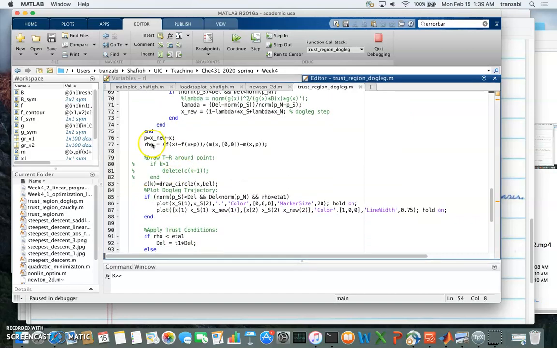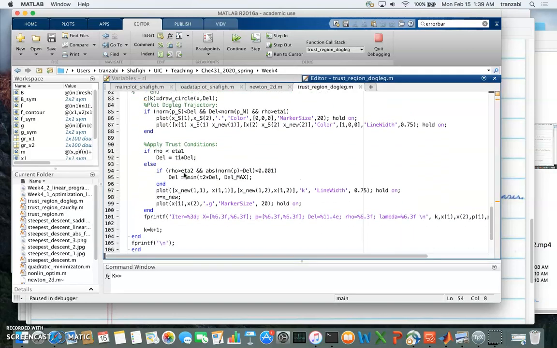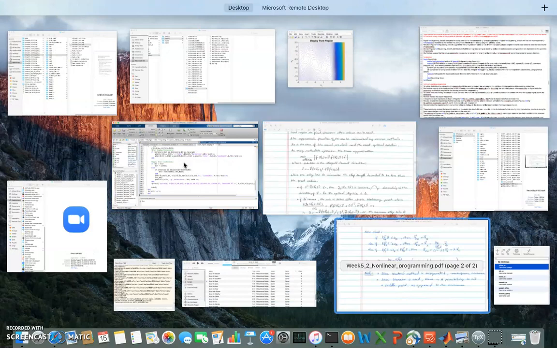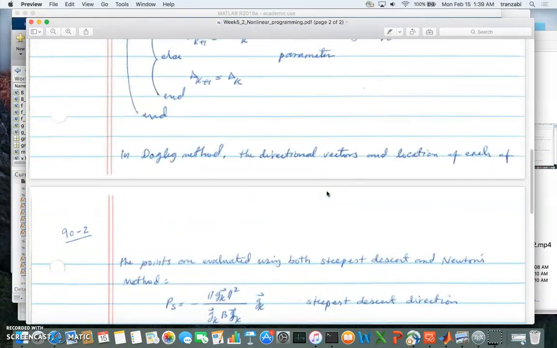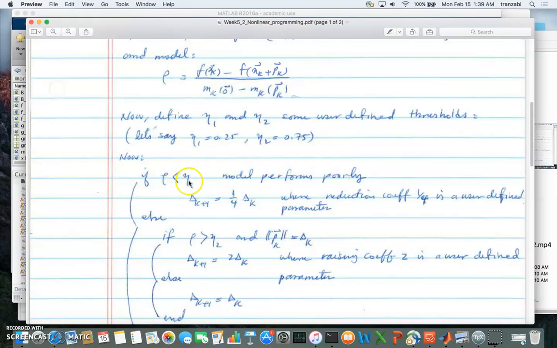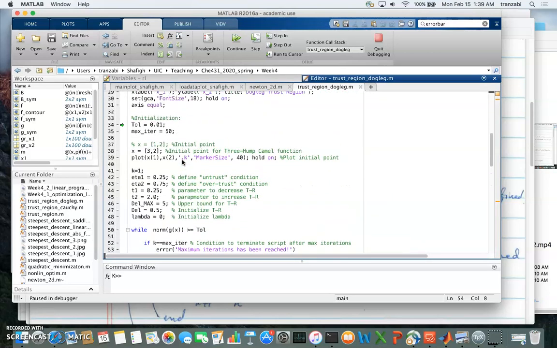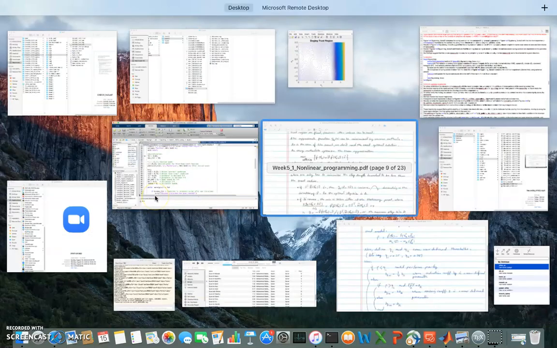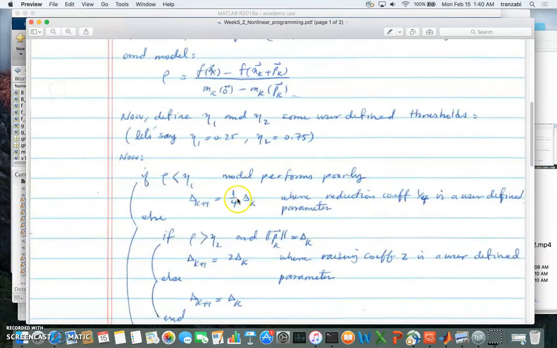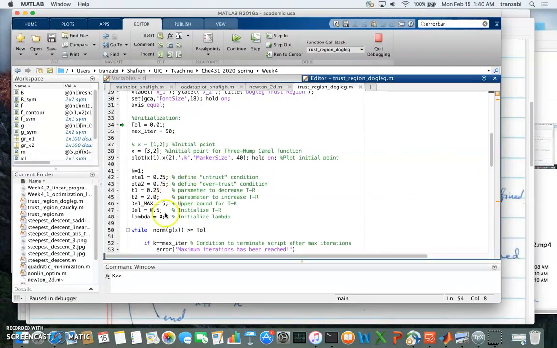Okay, now we have the rho. We can decide if we want to change the delta. If rho is less than eta 1, it's right here, then we have to decrease the delta. We're going to decrease it by a factor of t1, and t1, if you remember, was initially set to 0.25. And that's exactly 0.25 here. If rho is bigger than eta 2, it's going to be double the current delta.